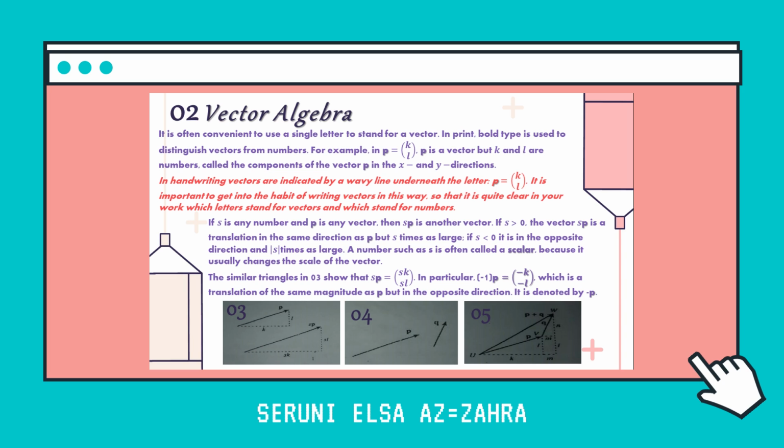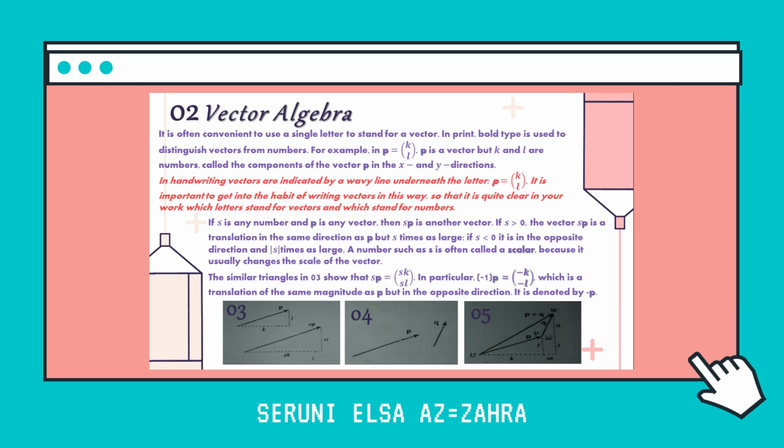If s is greater than 0, the vector sp is a translation in the same direction as p but s times as large. If s is less than 0, it is in the opposite direction and |s| times as large.